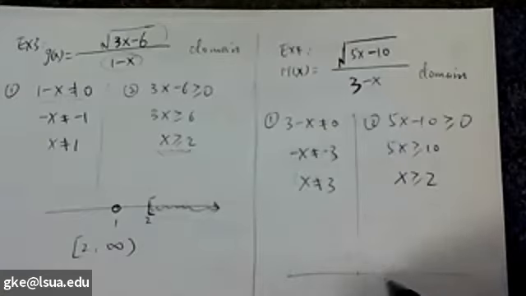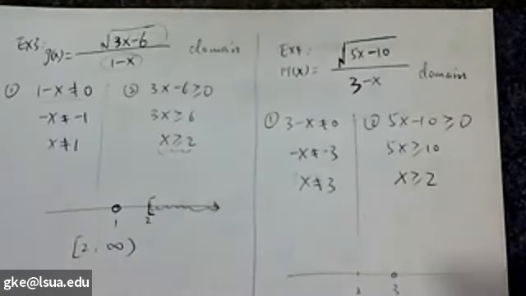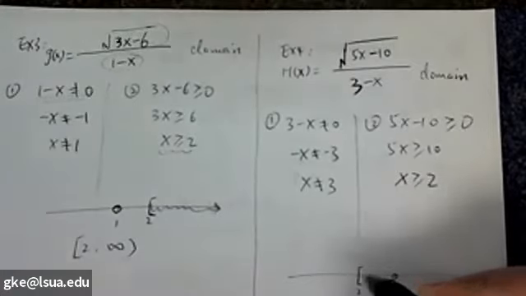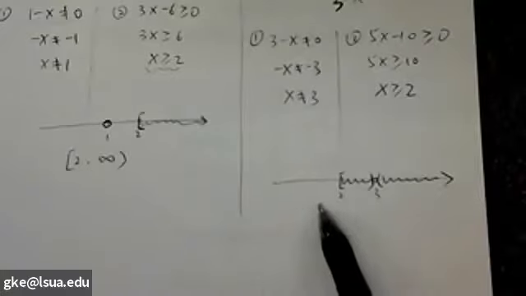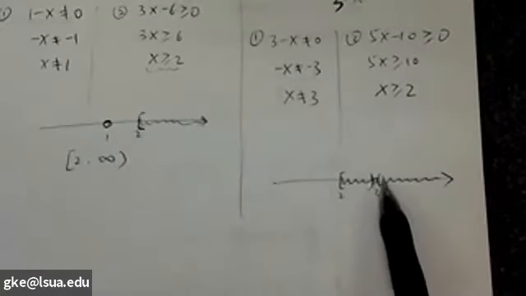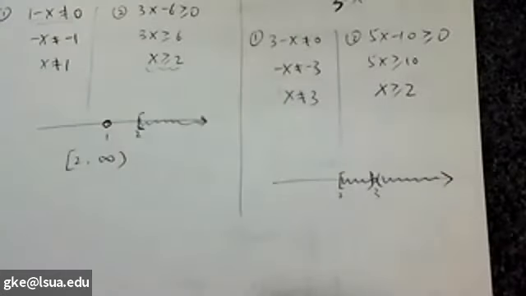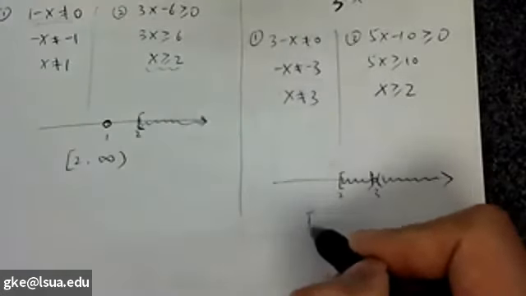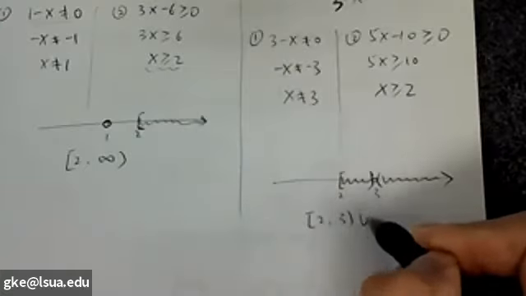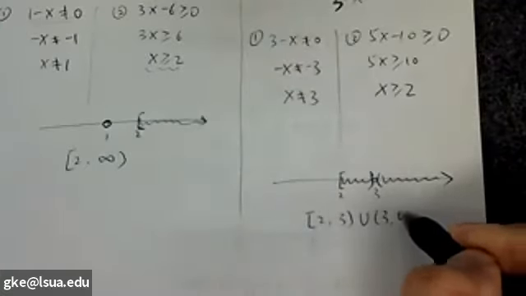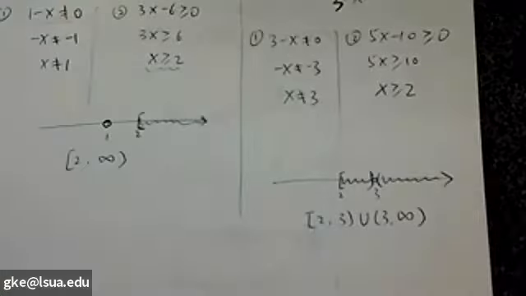We have 2 and 3. 3 is not included, right? So bracket on 2. Okay, so the 3 is here. It's not included. So we can combine the solution: from 2 to 3, union 3 to infinity. Okay, that's it.